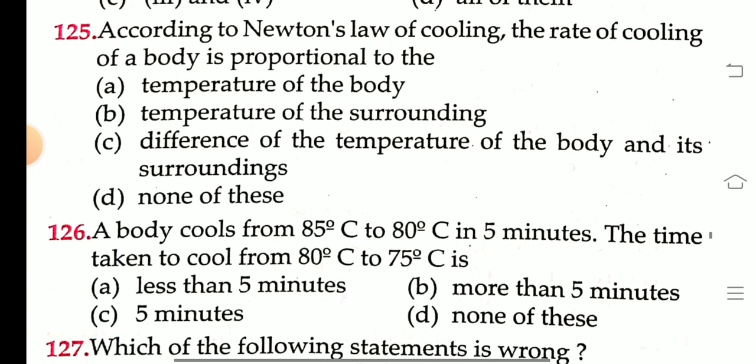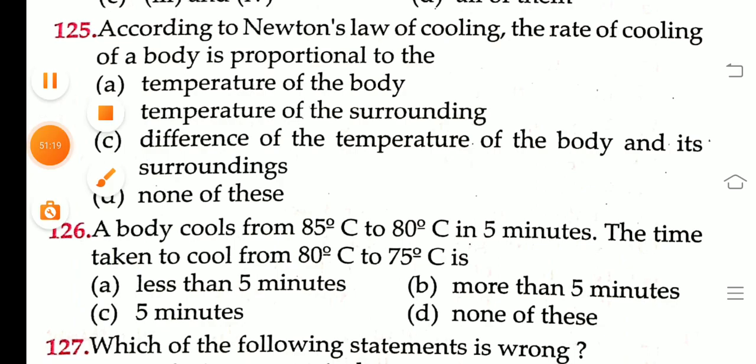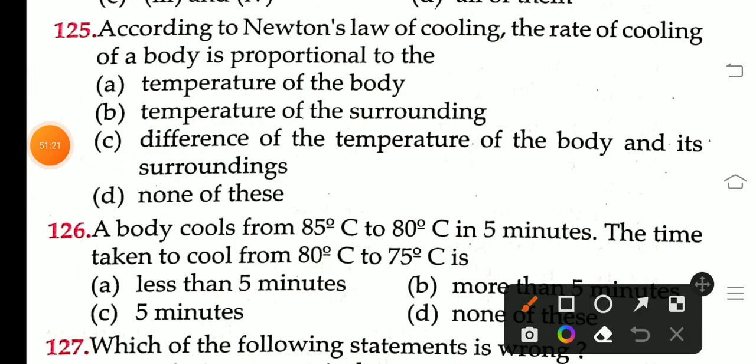Next, according to Newton's law of cooling, the rate of cooling of a body is proportional to the. Right answer will be option C, difference of the temperature of the body and its surroundings.